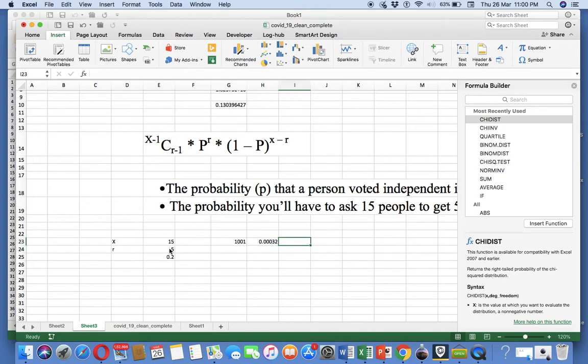And the third part is 1 minus p, raised to the power of x minus r.